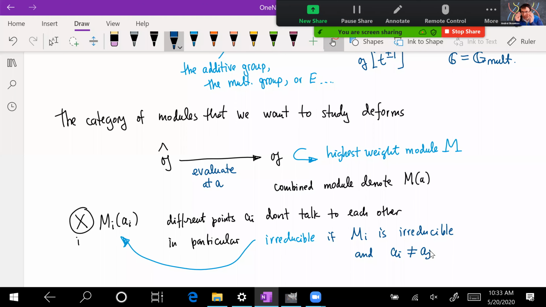This is not a very interesting category. In particular, any map between such things will have to be either zero or invertible.